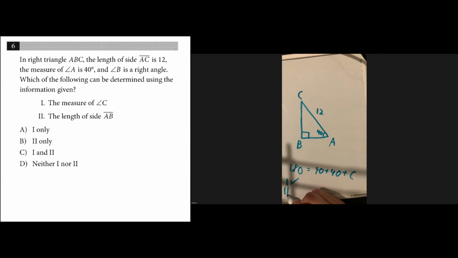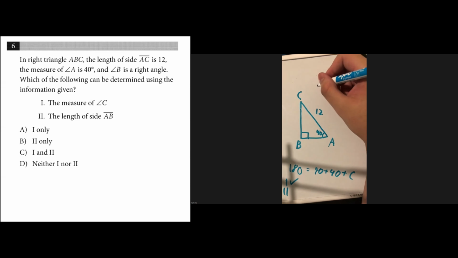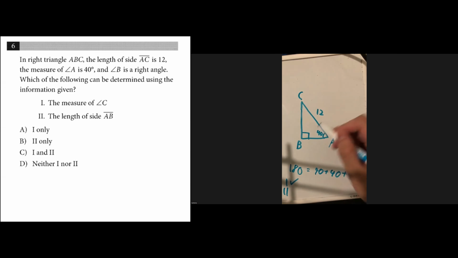And then for number 2, the length of side AB, well, for sine, cosine, and tangent, all we need to know is either two side lengths or a side length and an angle. In this case, we know a side length and an angle, so we can use those to figure out the side lengths of the other sides.